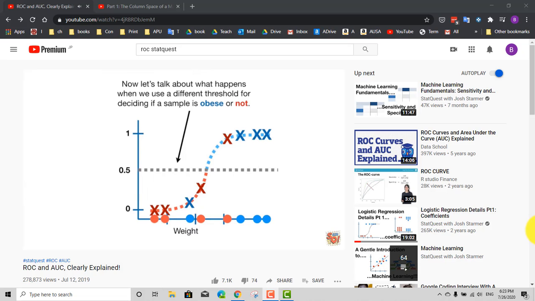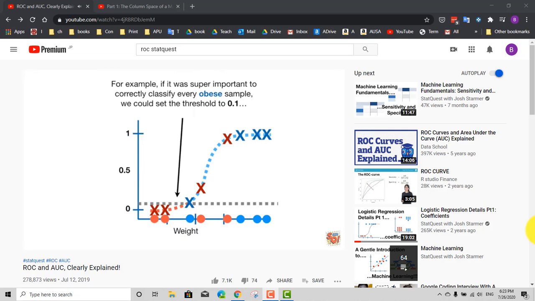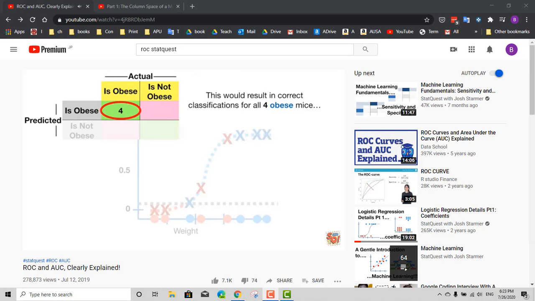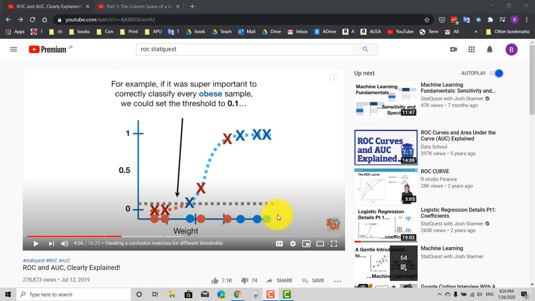Now let's talk about what happens when we use a different threshold for deciding if a sample is obese or not. For example, if it was super important to correctly classify every obese sample, we could set the threshold to 0.1. This would result in correct classifications for all 4 obese mice. Remember that blue means obese.